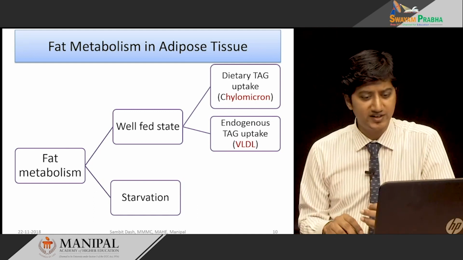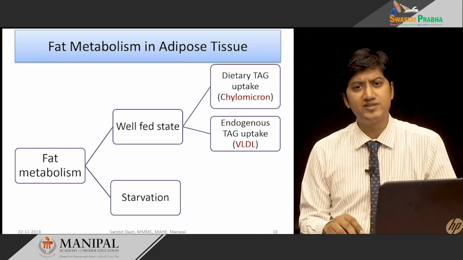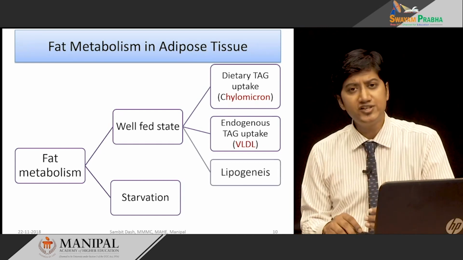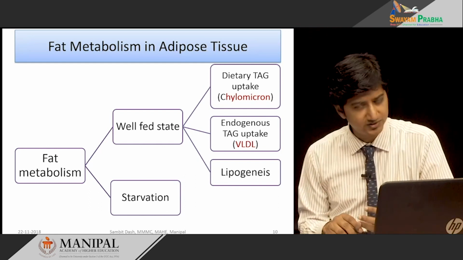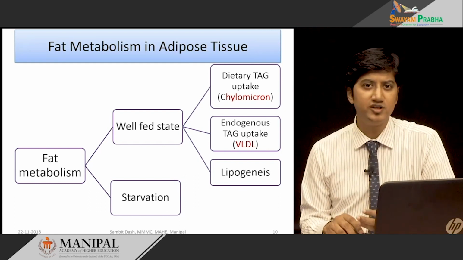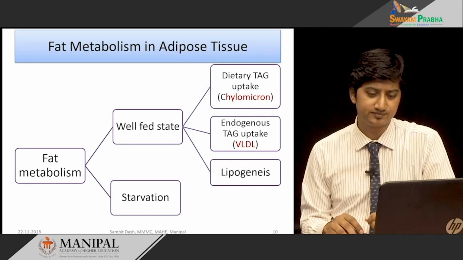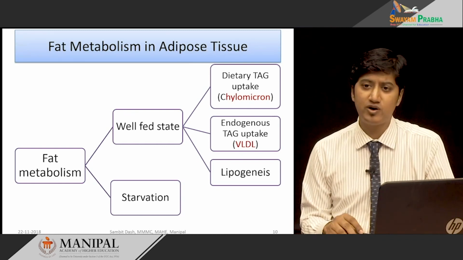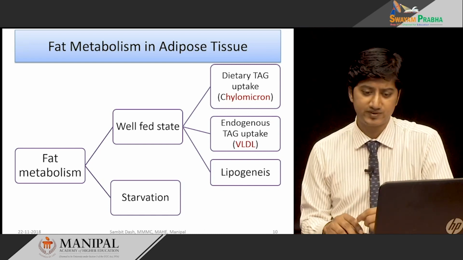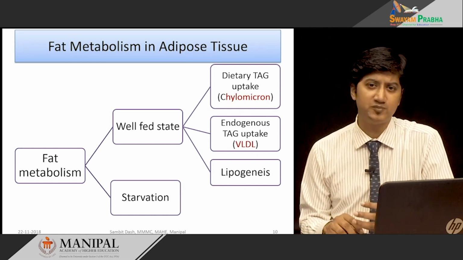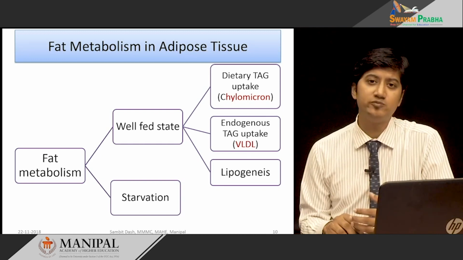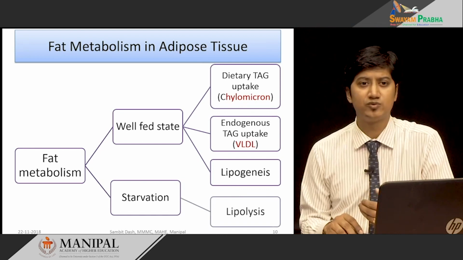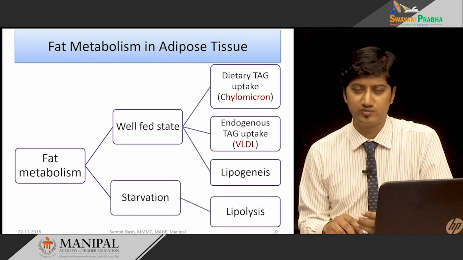Also, in a well-fed state, since all the raw material is available for adipose tissue, there is increased synthesis of triacylglycerol, which is called lipogenesis. In the starvation state, when the body needs energy, the triacylglycerol in adipose tissue is broken down by the process of lipolysis, which ultimately provides energy to the body.